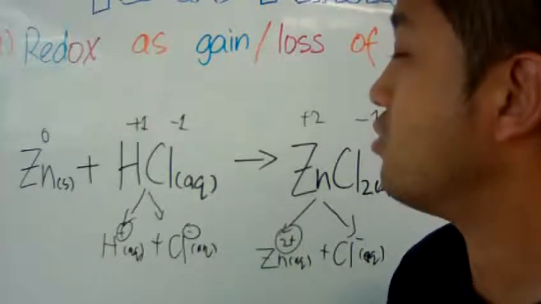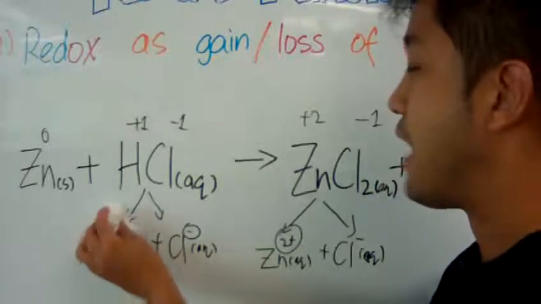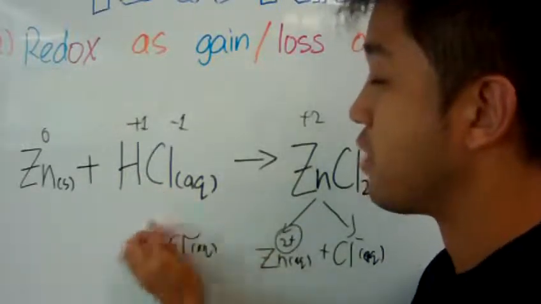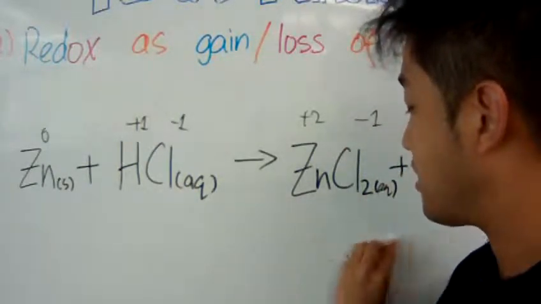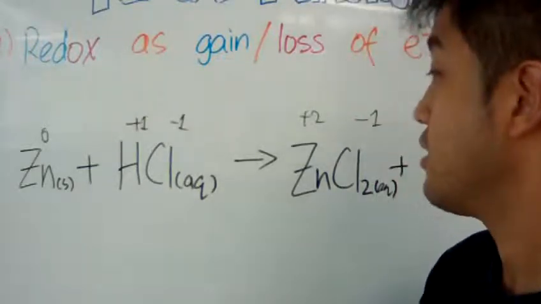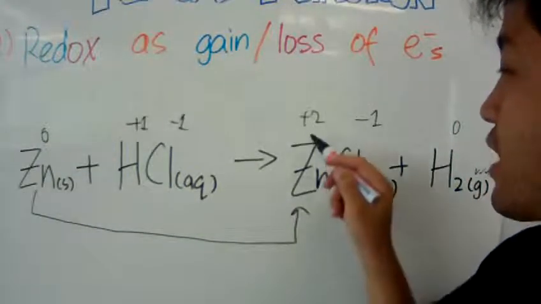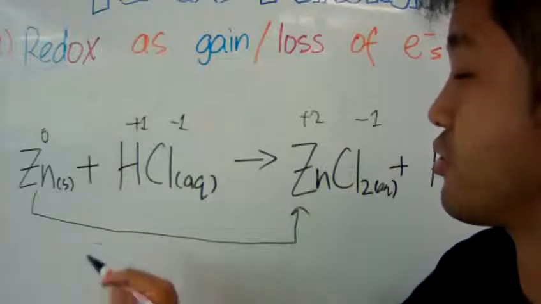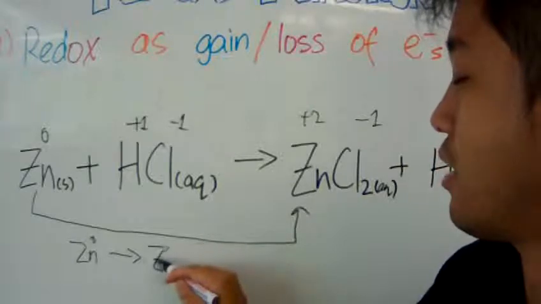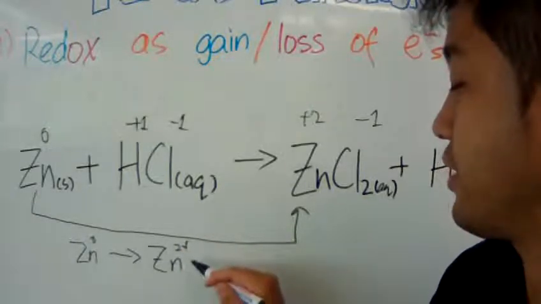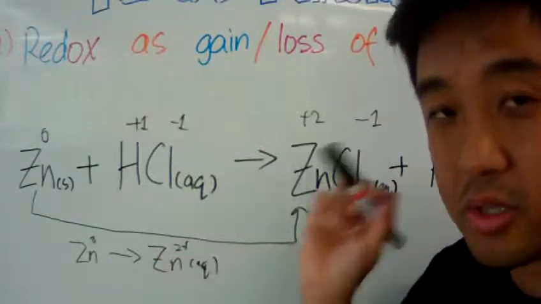So now that we know what's happened, and we've written down the charges for all of these species, we are able to use redox to explain what is happening to the reactants as they undergo chemical change. So here our zinc, right, it goes from a charge of 0 to +2, all right? So what is happening to the electrons?